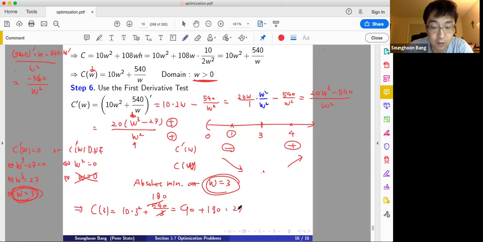We have 270. So the cheapest container costs $270. This is the whole idea for solving this kind of problem.